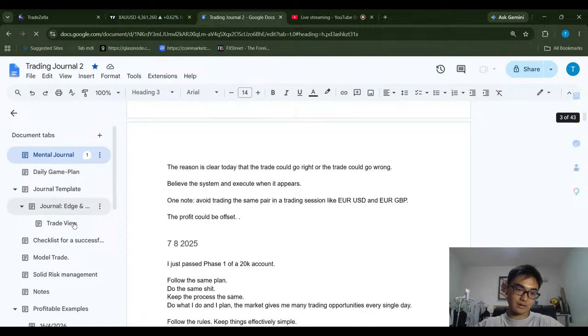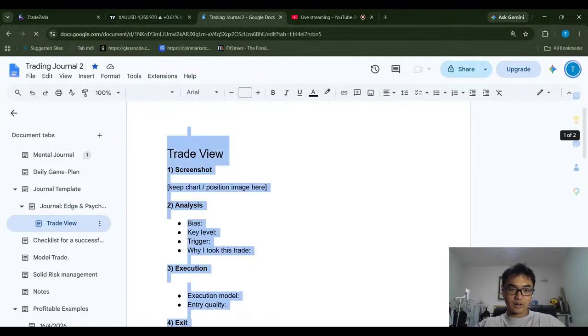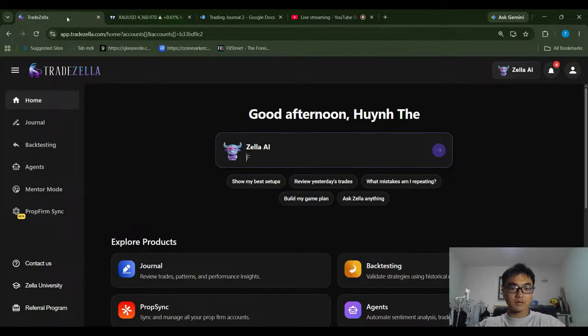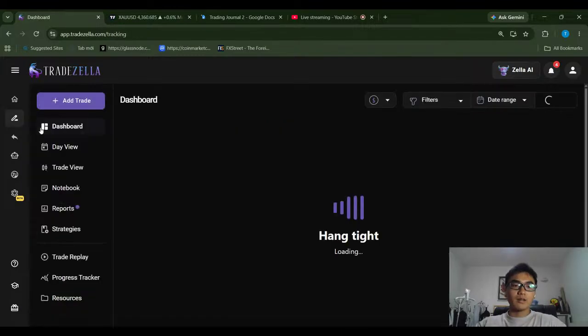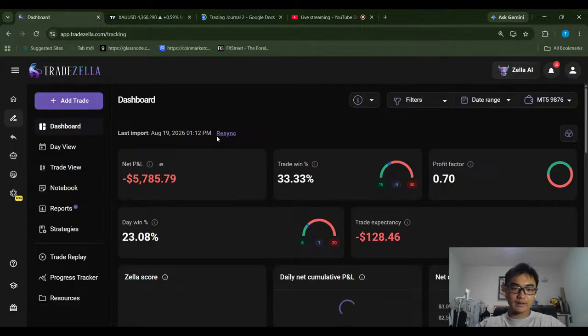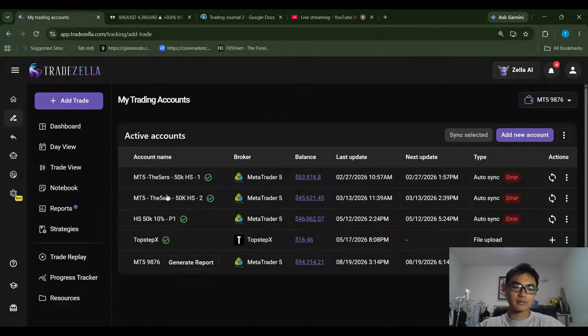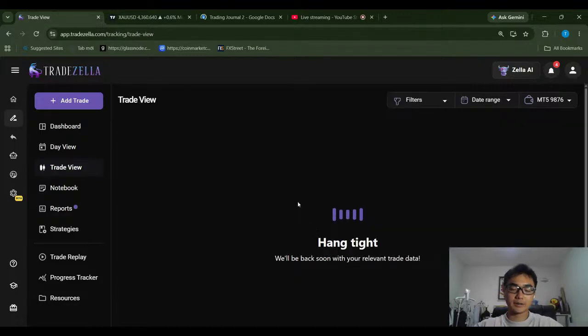Let's see TradingView, this one. So I continue. This process is how I do it manually. This is my funded account. So this is the TradingView I want to share.